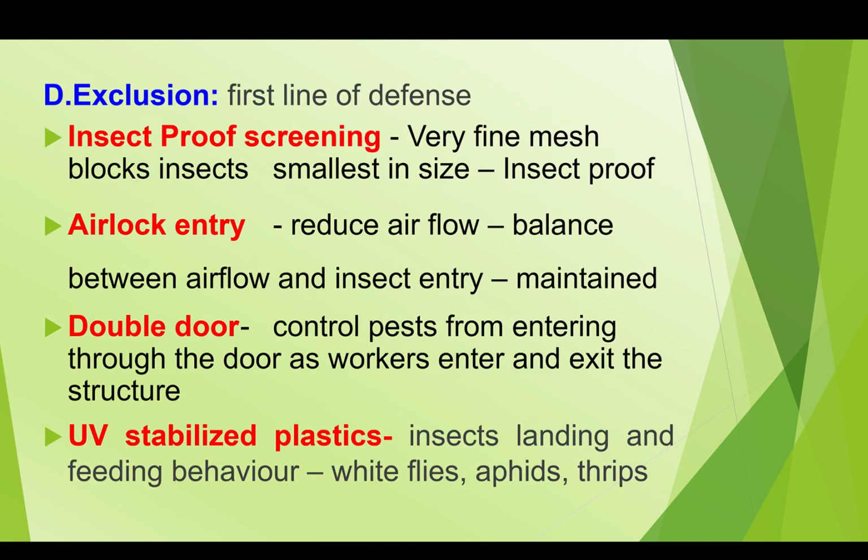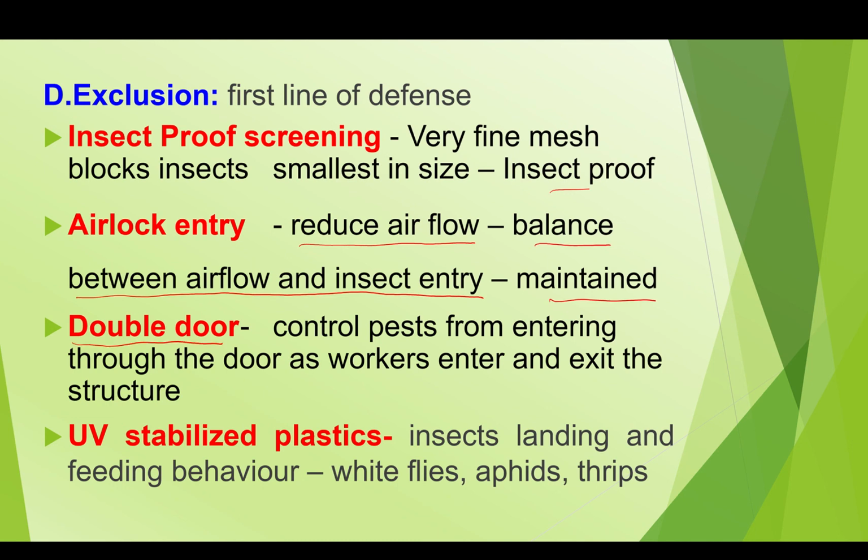The fourth method is exclusion, regarded as the first line of defense, because here we use insect-proof screening. Very fine mesh blocks insects; for the smallest insects, insect-proof screening we can use. Next, airlock entry reduces airflow; a balance between airflow and insect entry is maintained. Next, double door.